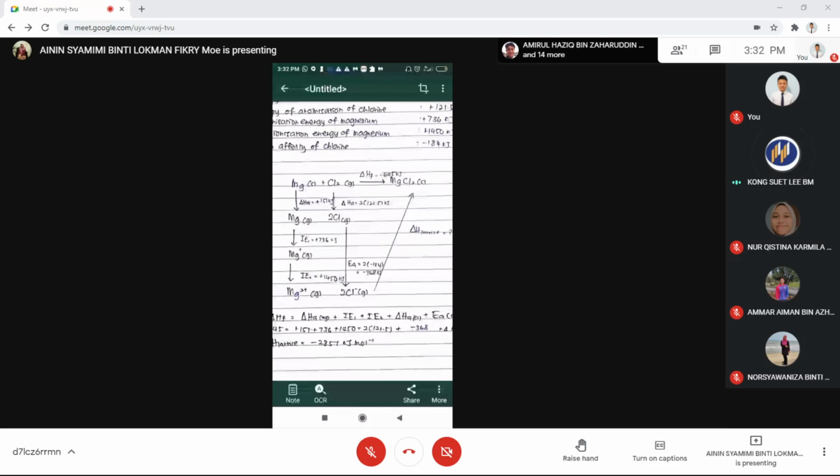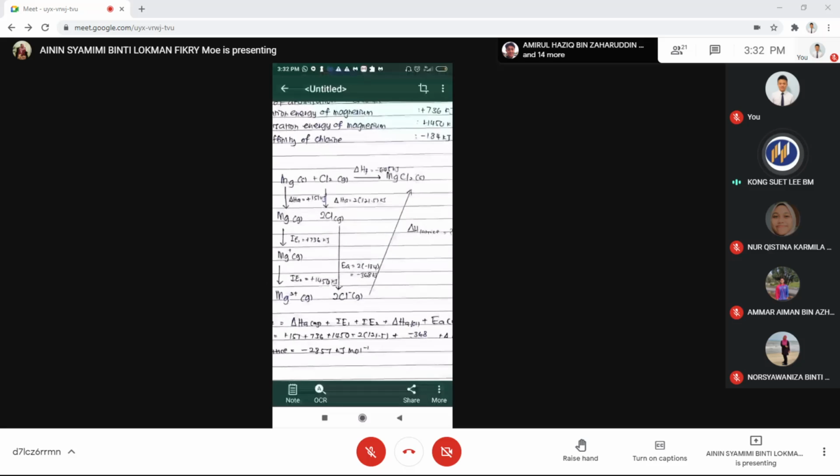Okay, good. Alright. For this question, it asks to construct a Born-Haber cycle for magnesium fluoride and determine its lattice energy. So here, element react with element, we form ionic compound. So we put enthalpy of formation here.